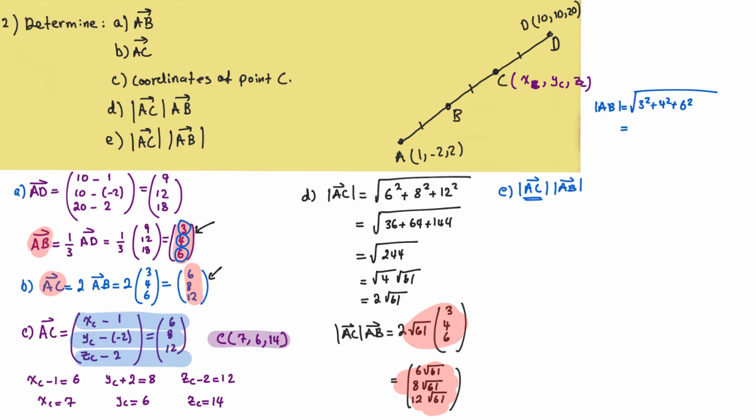And that is equal to root 61. Interesting. And so basically AC here is 2 root 61. That's what we had found previously. And the magnitude of AB, we just found to be root 61.